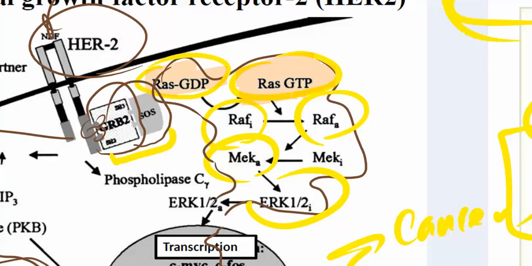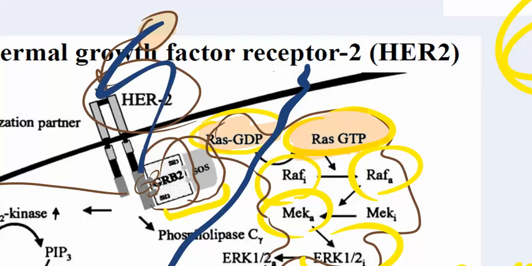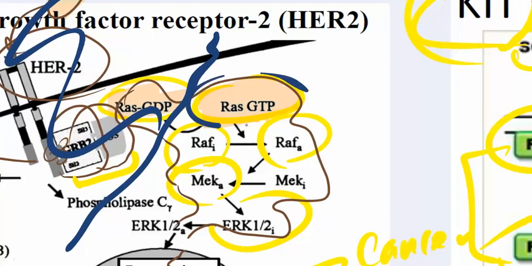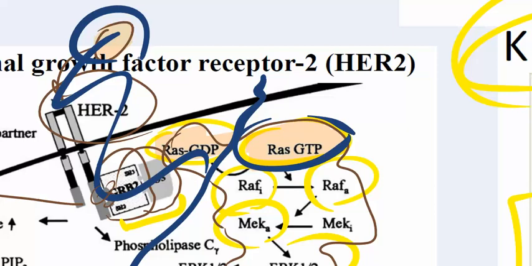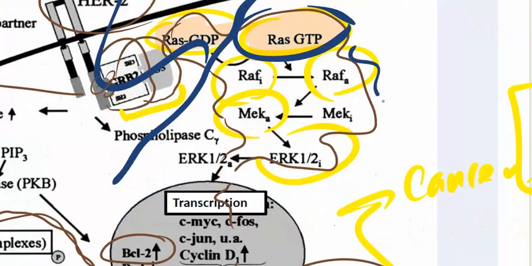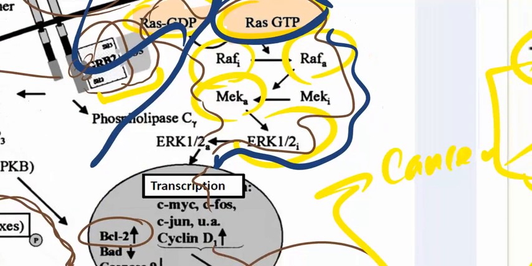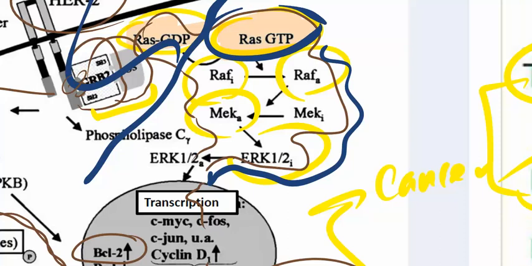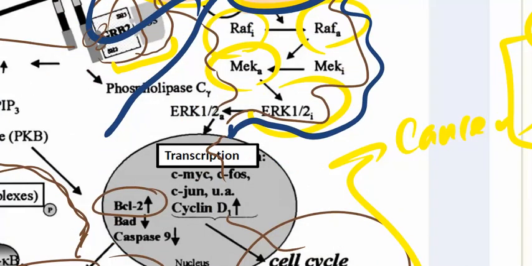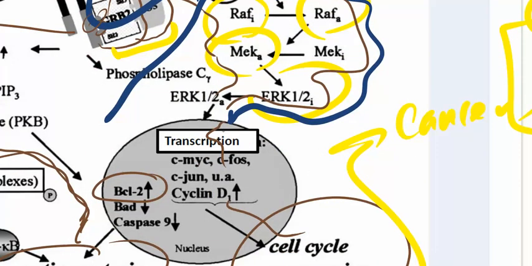Because then it can act separately from all this. It can just act by itself. It doesn't need any stimulation from the growth factor. It can just act by itself and lead to the activation of the rest of this. So we've got RAS, RAF, MEK, ERK. Then the ERK goes in and leads to the transcription of CMYC.